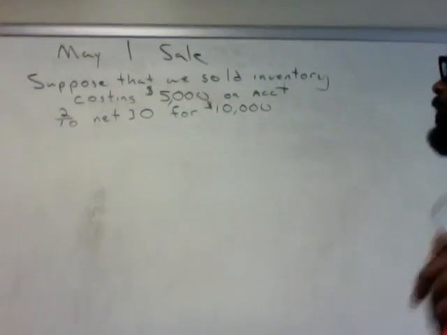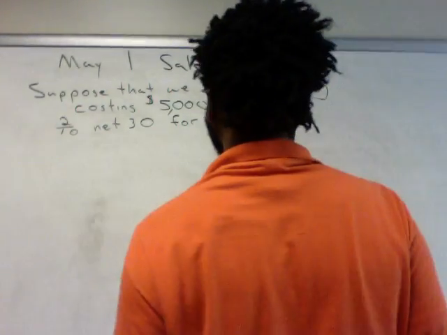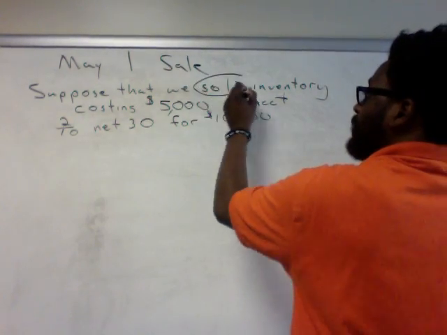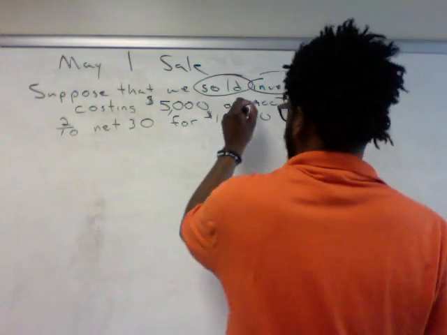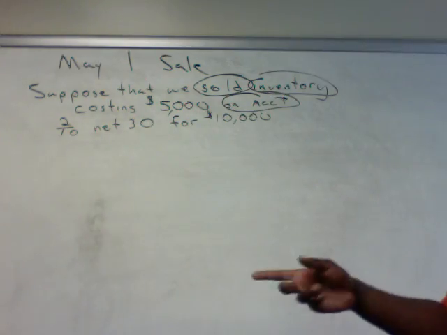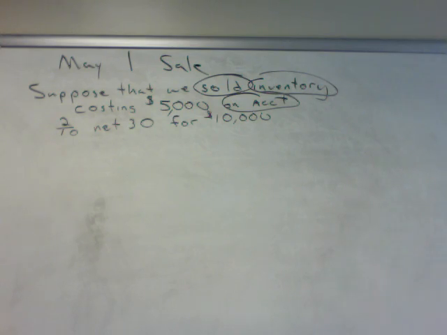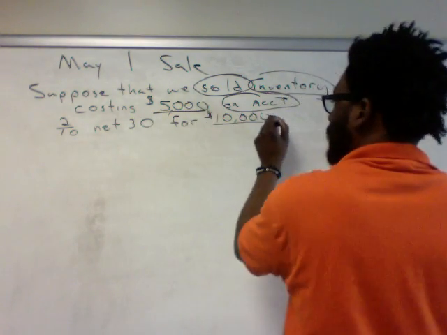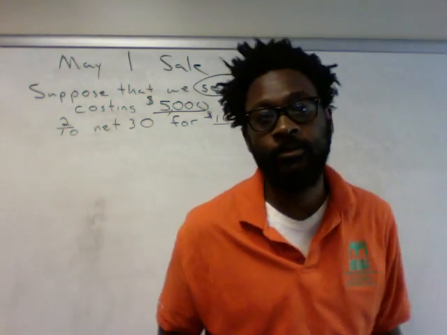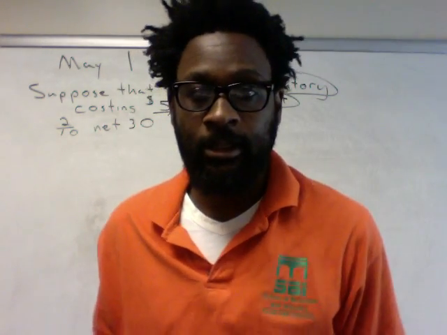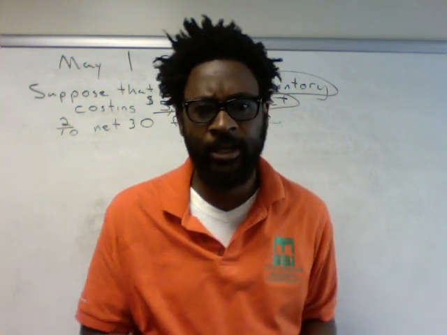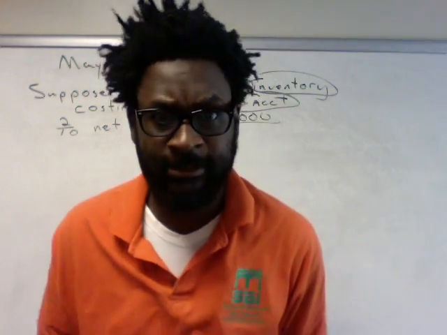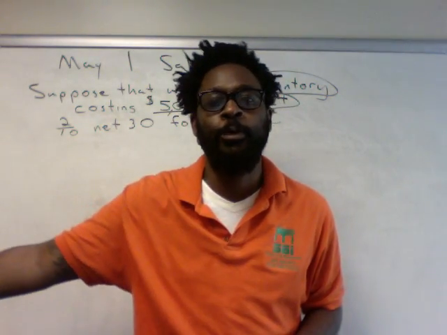Now, a couple of keywords we need to identify: sold, inventory, and on account. A couple other things you want to take into consideration is that we have two numbers, and we have two numbers for a reason. Think about it logically. In order to sell inventory, you have to first what? Buy inventory. So we buy inventory at a price, and of course we always sell inventory at a price above what we purchase it for.